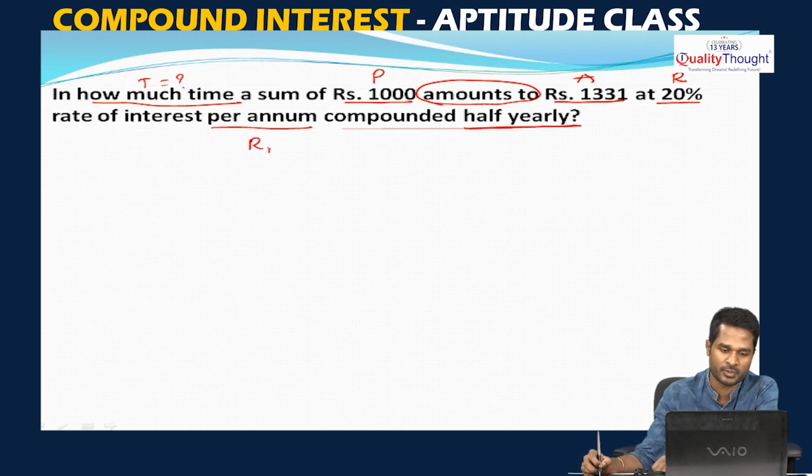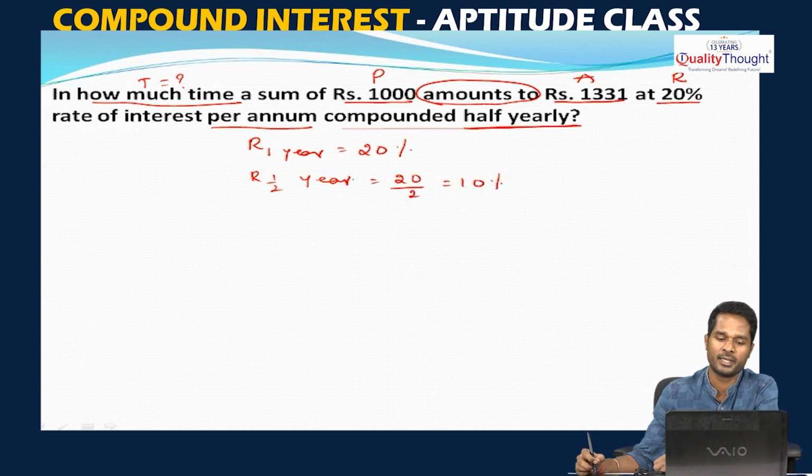For 1 year it is 20%, so for half year it is 20 by 2, which is 10%.